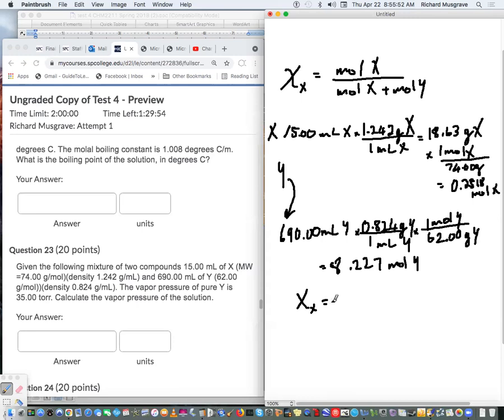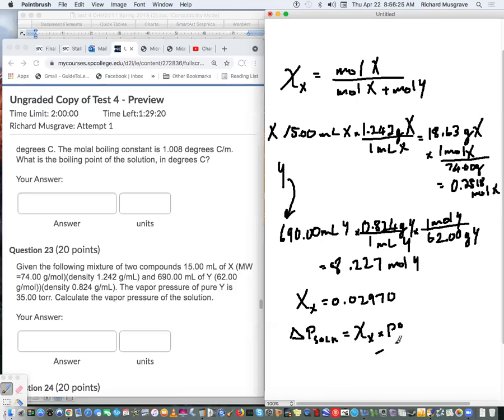And I get 0.0296, 0.029, and I'll make that 70. There's no unit on mole fraction. Now the formula is delta P of the solution is equal to the mole fraction of X times the P naught.